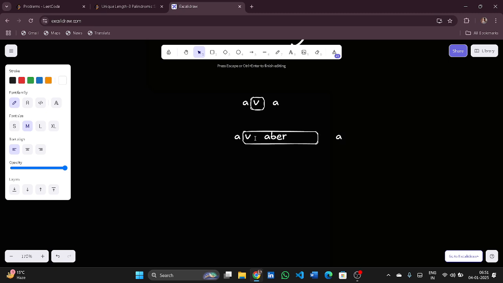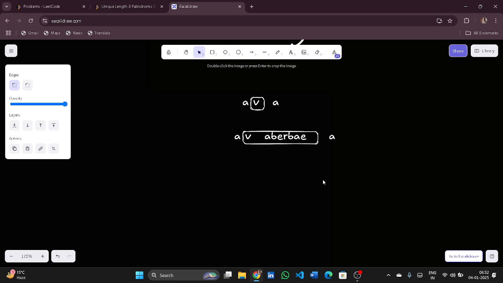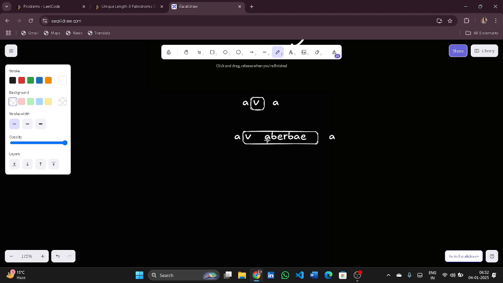Here we can include anything. Now you can construct the number of palindromes here. Let me write what the palindromes are. Here there is one A, here there is one A, and here there is one A. So let me write it.